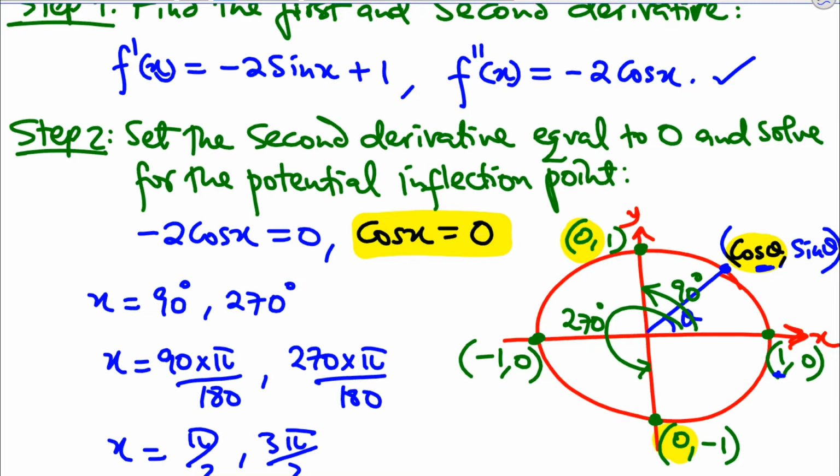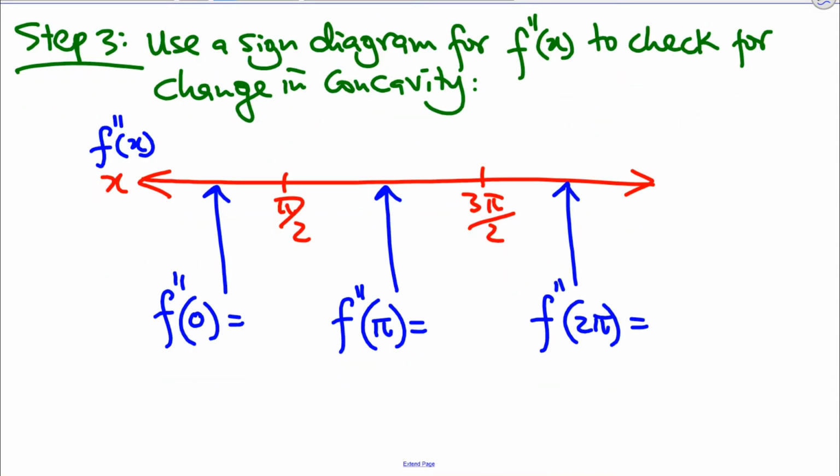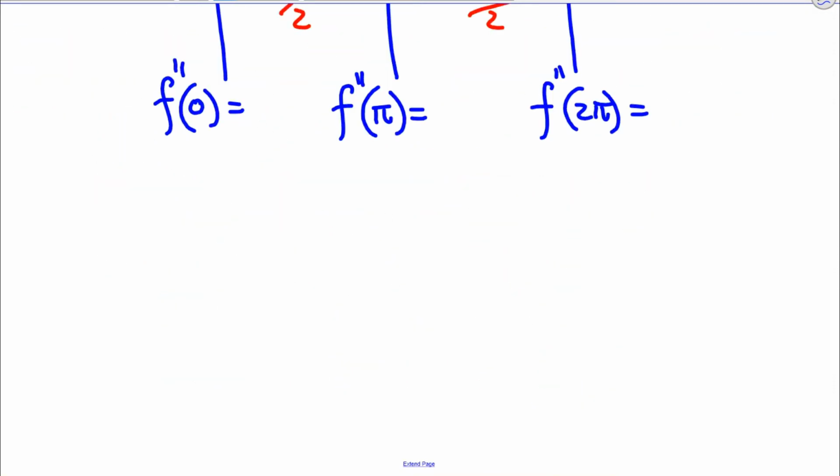So that will be negative 2 cos 0, and we know that this is 1.